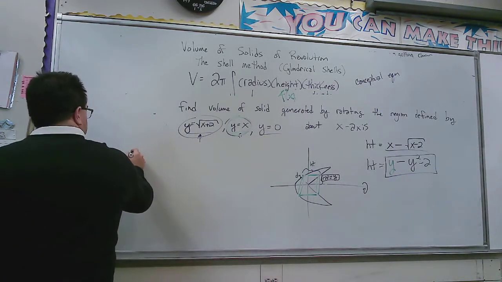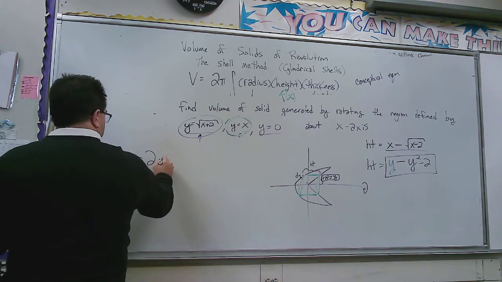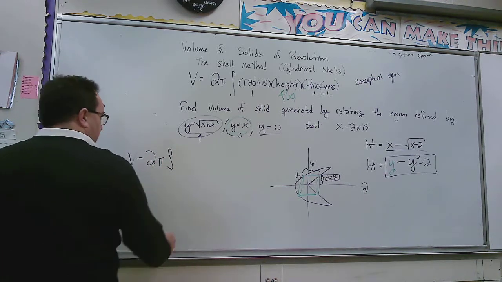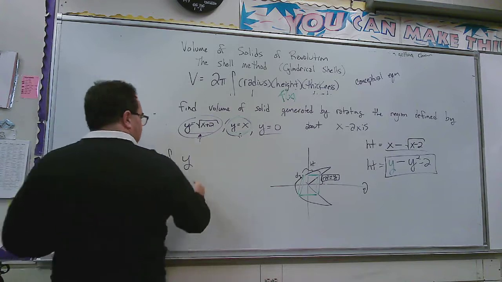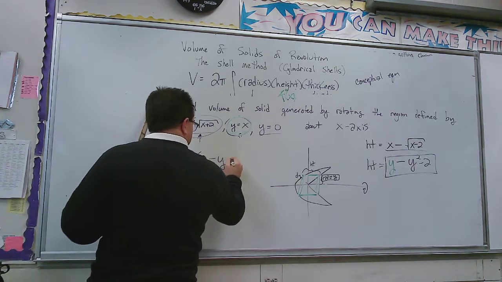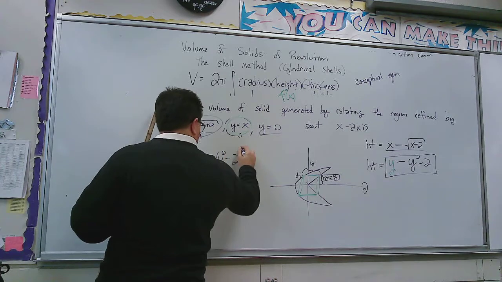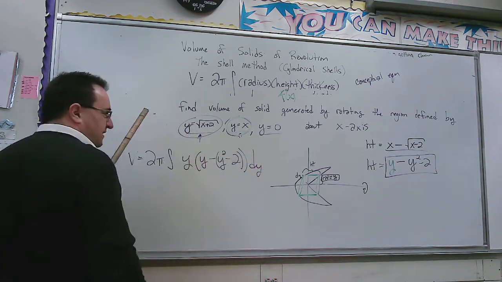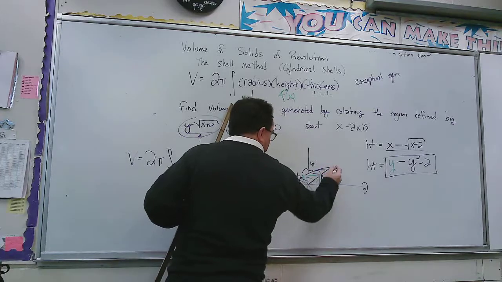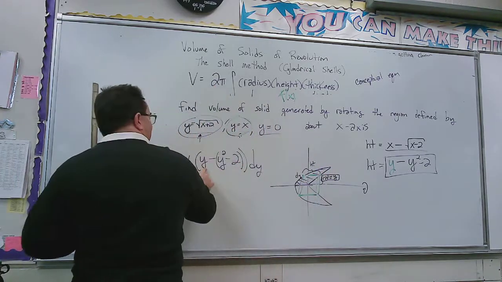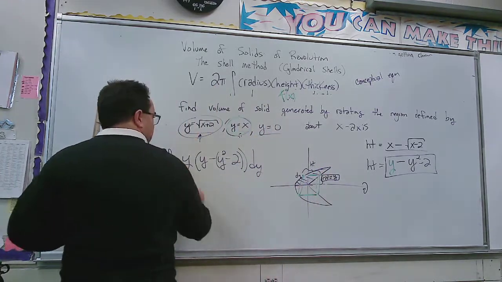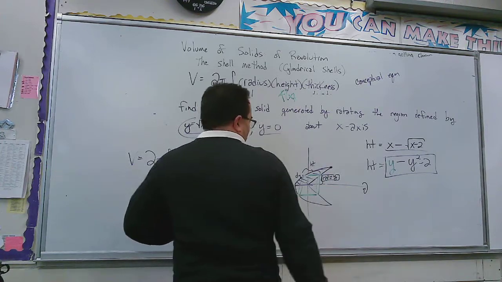So for shells, the volume is 2 pi times the integral of the radius times the height times the thickness. And the original region begins at a y value of 0 and ends right there.